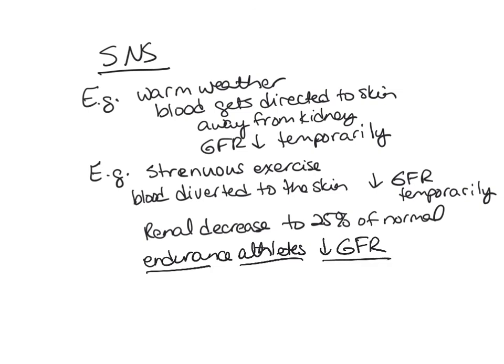And what that means is if you're decreasing the glomerular filtration rate, metabolic wastes are going to build up in the body. And that also means that protein might occur in the urine. We call that proteinuria, when protein shows up in the urine.